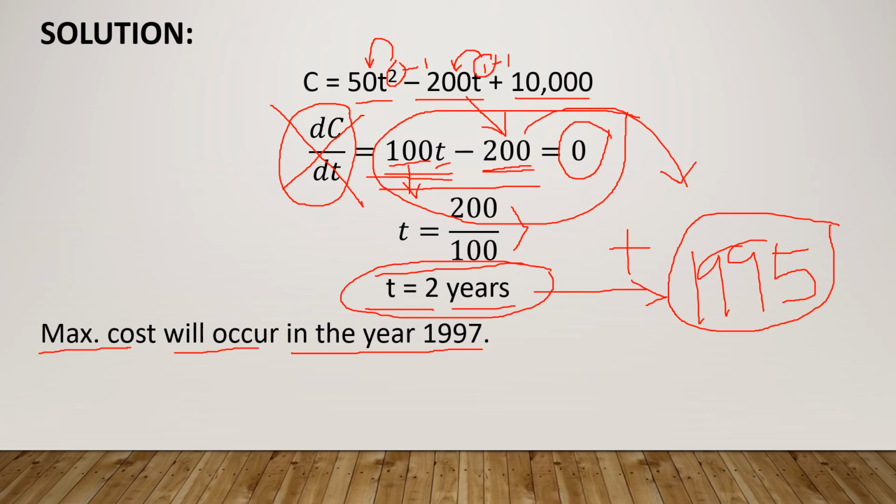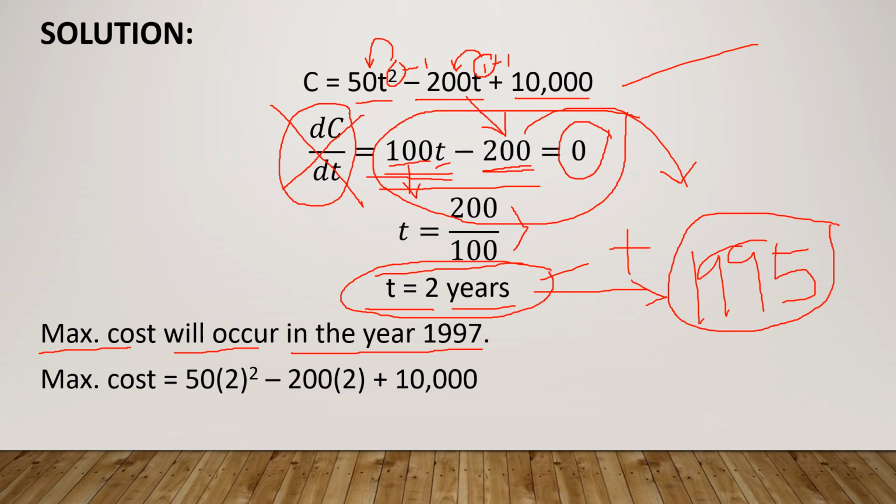So what will be the maximum cost that will occur in the year 1997? We just simply use the given cost equation in the problem and substitute the computed t as the value of t.